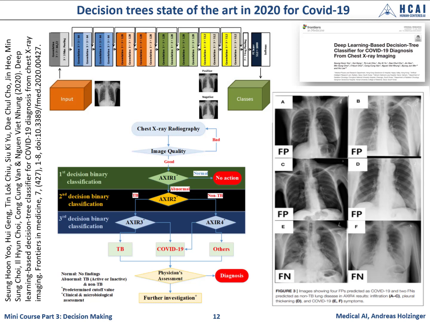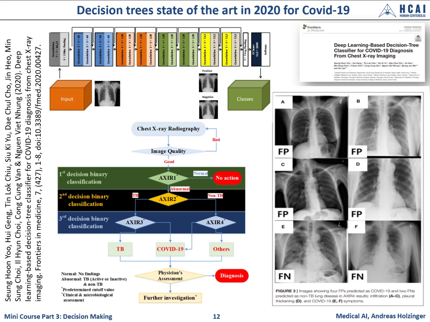They used a convolutional neural network based on the PyTorch framework. The first decision tree classifies the images as normal or abnormal. The second decision tree identifies the abnormal images that contain signs of, for example, tuberculosis, whereas the third does the same for COVID-19 signs.